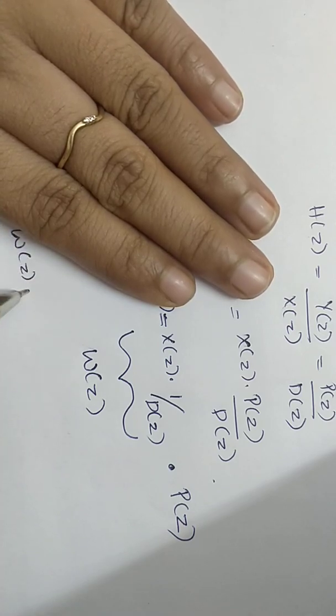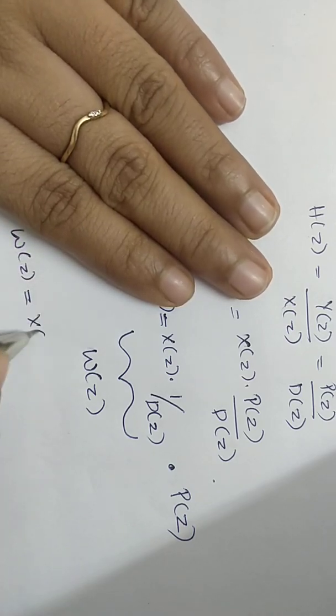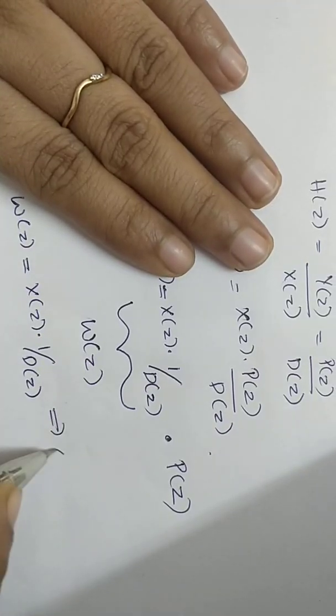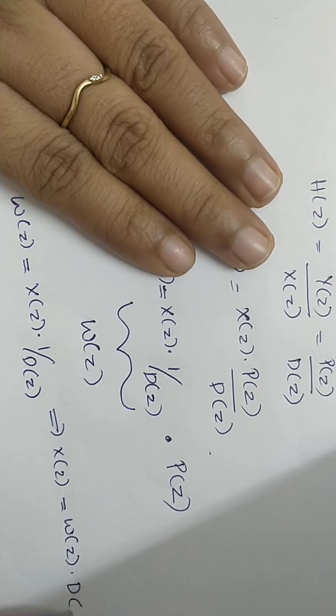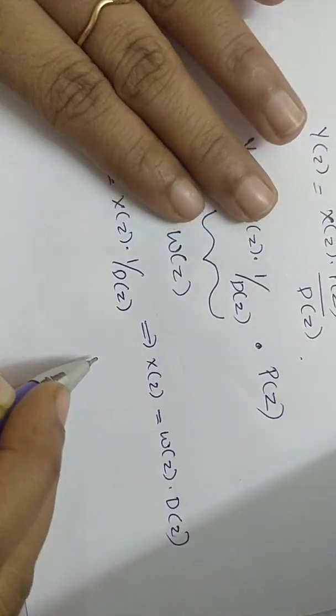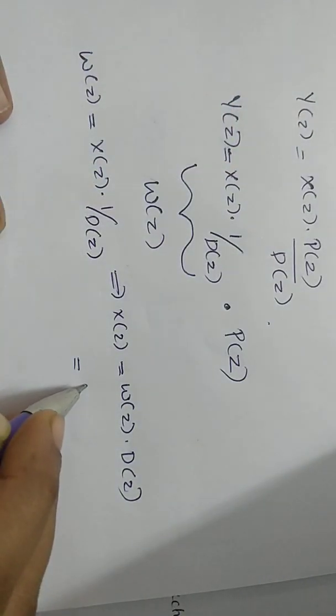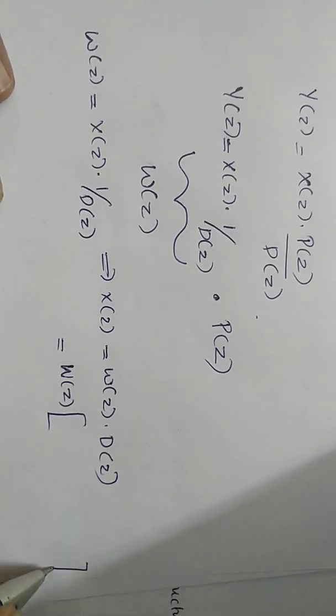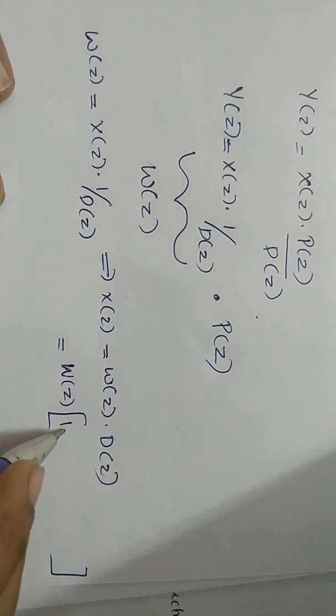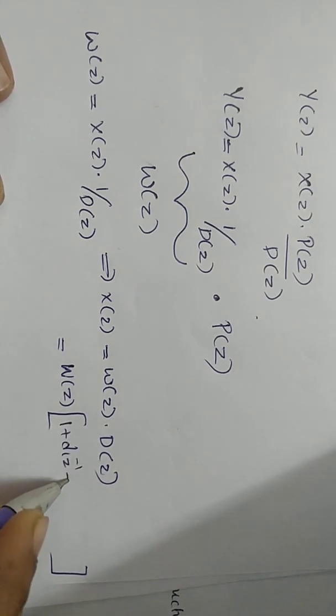W of z is equal to X of z into 1 by D of z, that is X of z is equal to W of z into D of z. What is D of z? The denominator term, that is 1 plus d1 z inverse plus d2.